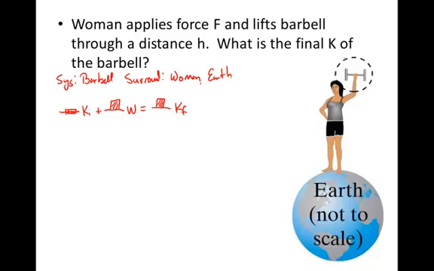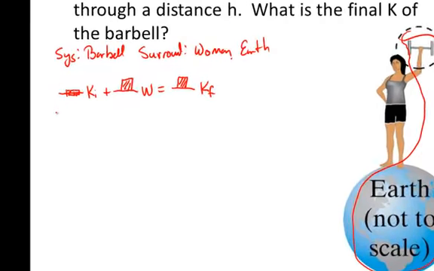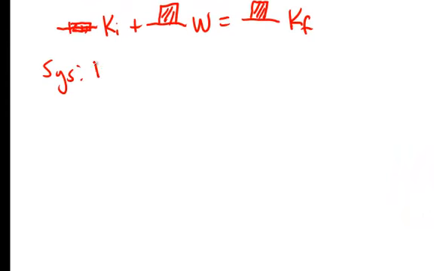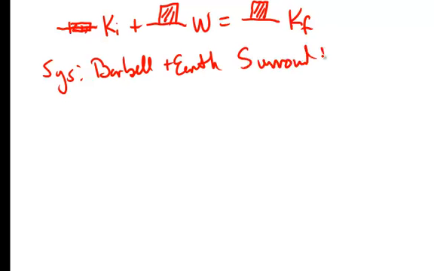As another example of a system, let's go ahead and consider the barbell plus the earth to be my system. In this case, the surroundings are just the woman.